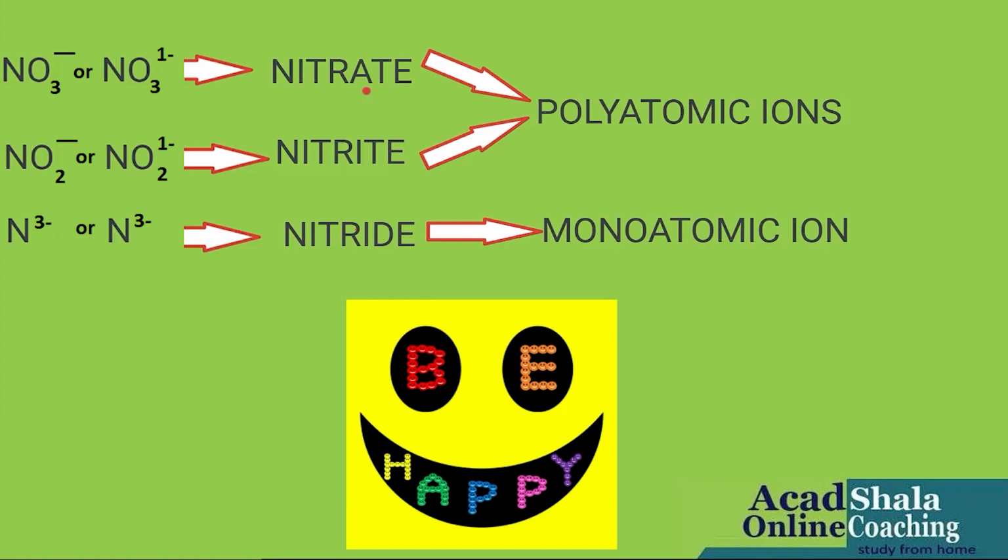Now students, the suffix ATE has one more oxygen. See over here, children. The ATE suffix has one more oxygen than ITE. See over here, 2 oxygen and 3 oxygen. So the ATE suffix has one more oxygen than ITE, or you can say that the ITE suffix has one less oxygen than ATE.